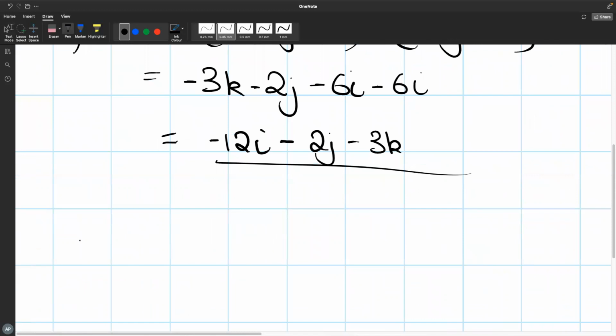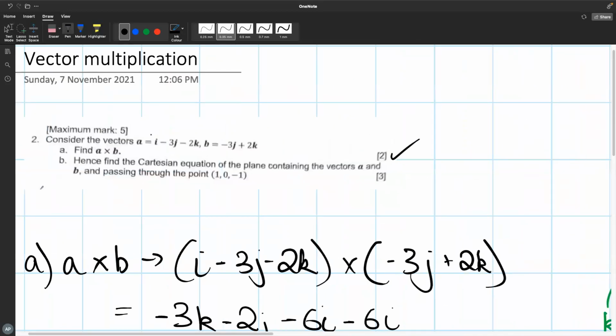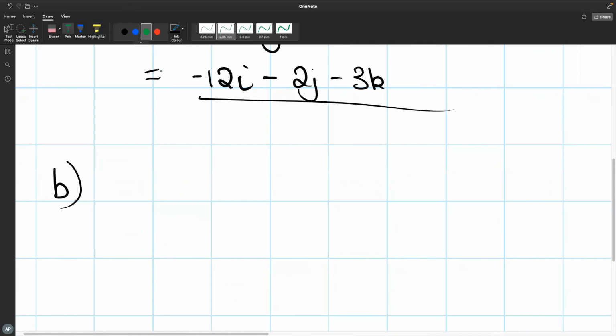Now proceeding with our second part, we are asked to calculate the equation of a Cartesian plane containing these two vectors, and the Cartesian plane also passes through this point. When you're doing a cross product, you are essentially finding a vector that is perpendicular to both of these vectors.